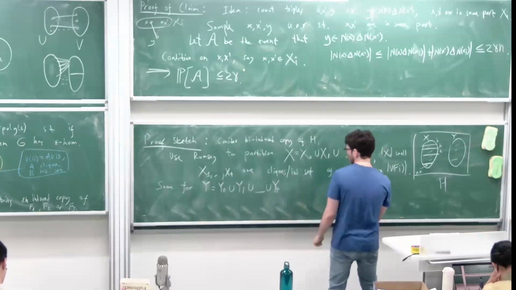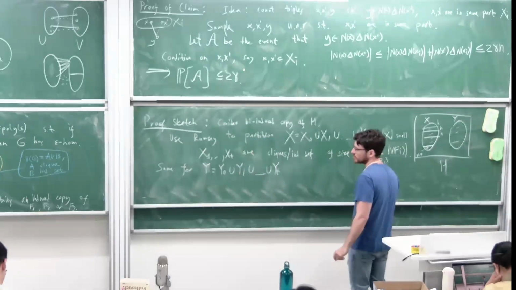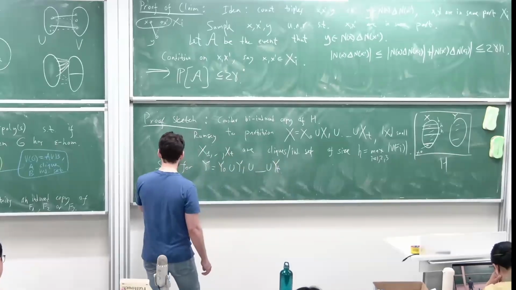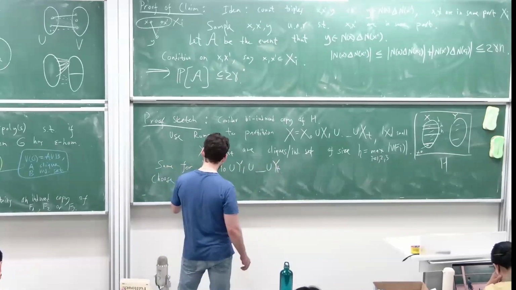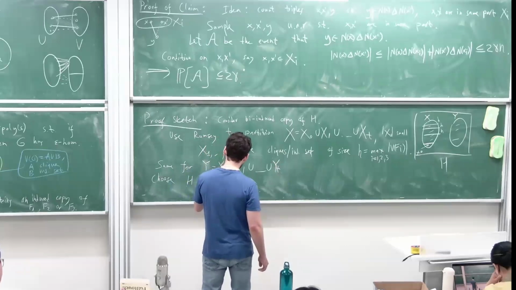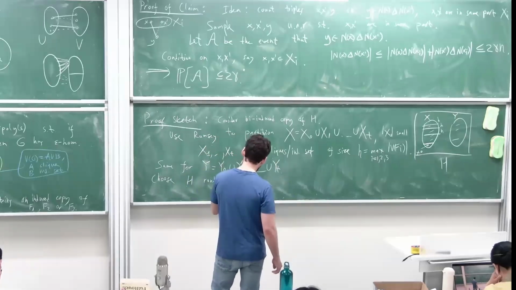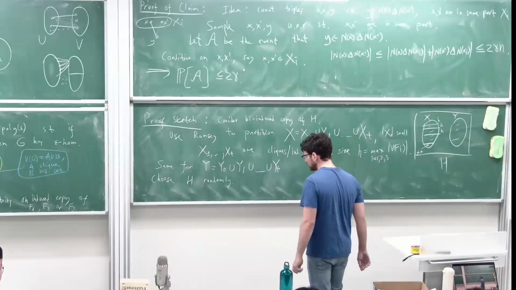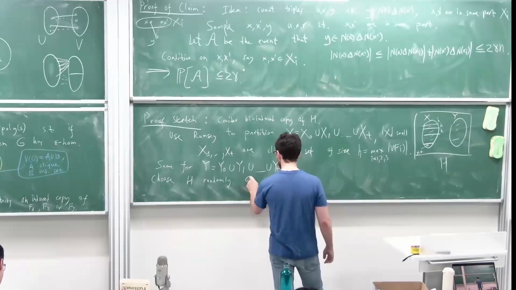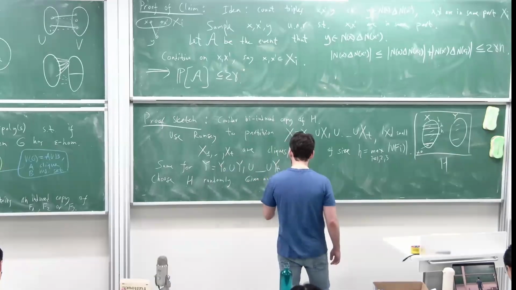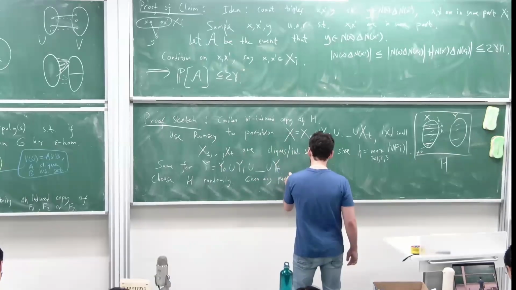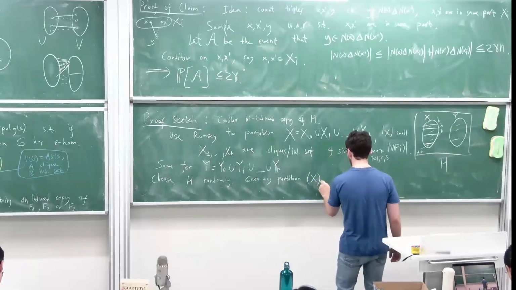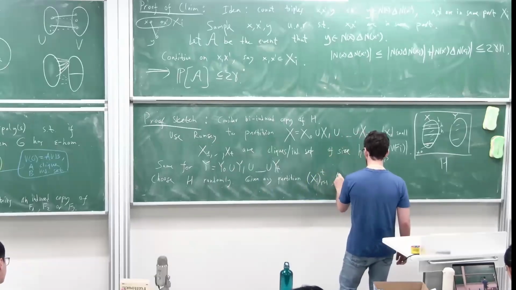So what is H? We didn't say what H is. Actually, we will choose H randomly. Now, given any partition, suppose that we already have a partition Xi and Yi.